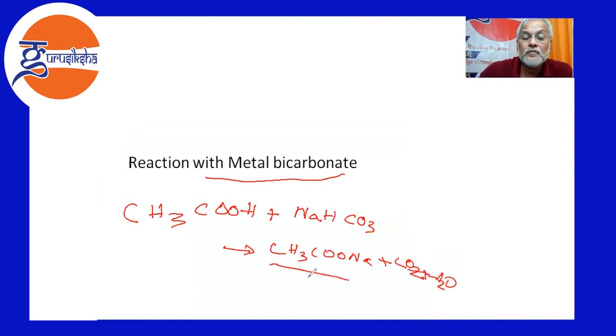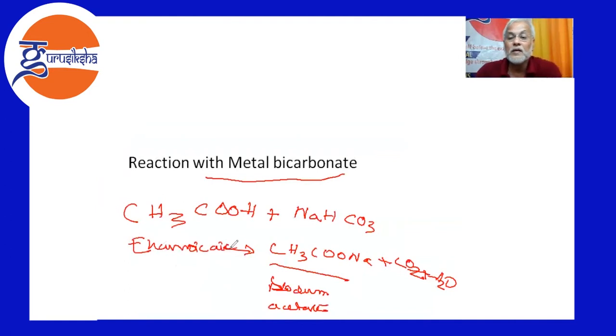This is called sodium acetate. This is ethanoic acid. And this is carbon dioxide gas. Same brisk effervescence can be seen in this reaction also.